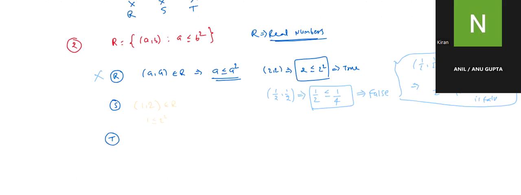But (2, 1) does not belong to R, because 2 is less than or equal to 1 square is false, 4 is not less than 1. So it is not symmetric.